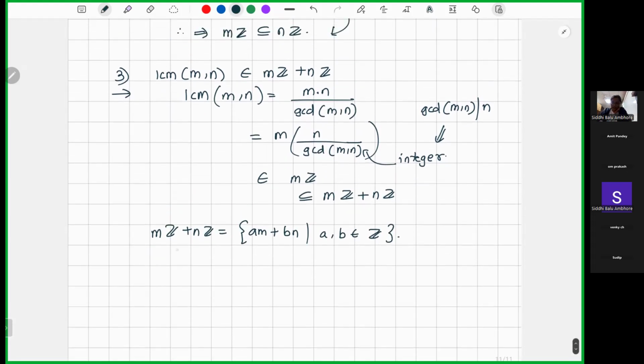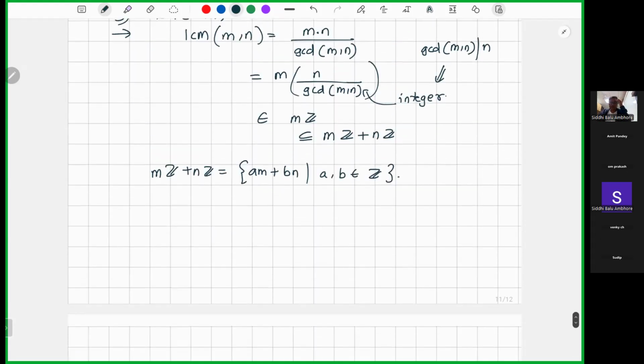In general, for addition, if H1 and H2 are subgroups, this is just a plus b such that a belongs to H1, b belongs to H2. And when I'm writing aM plus bN, this actually means that aM belongs to MZ, bN belongs to NZ.